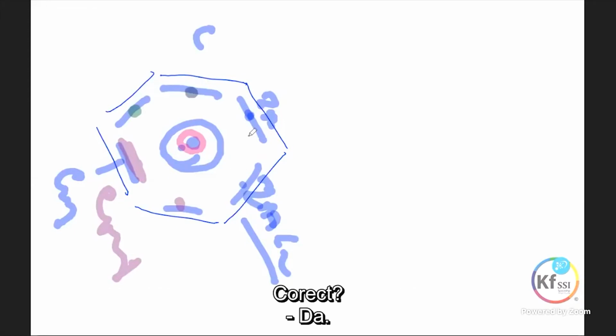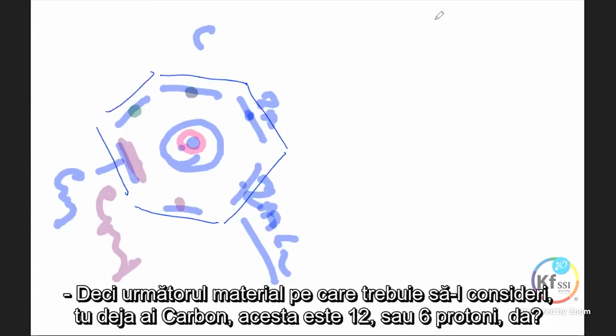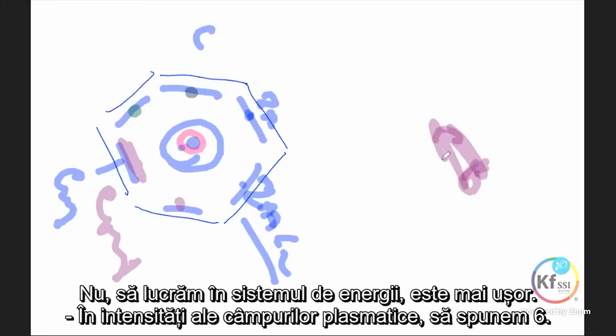So the next material you have to consider: you already have your carbon, that's 12, let's say on the proton side. On the system of the energy it is easier. Plasmatic field strength, let's say 6.